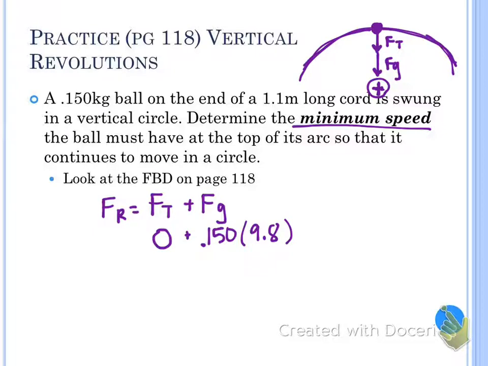Okay, we want to find the speed. So what do we need to substitute in here? M times v squared over R. We're substituting that equation for our net force.